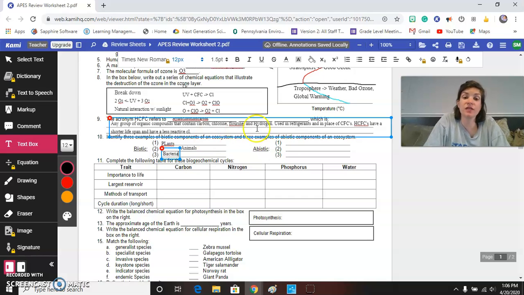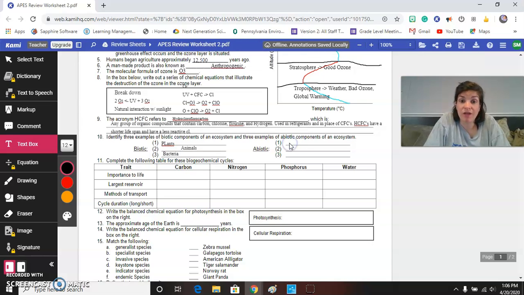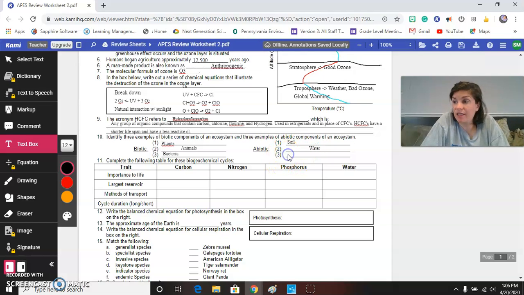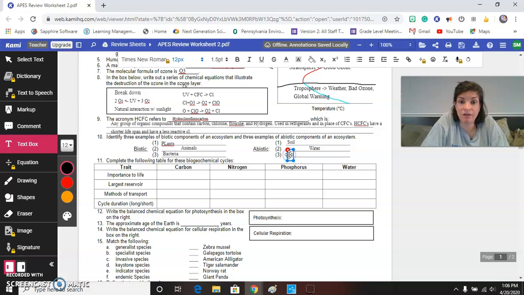You could have had different things, more specific examples of plants and animals. Abiotic, you could have had several different. What I had down is soil, water, and let's go with air.